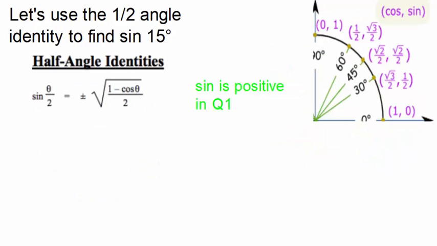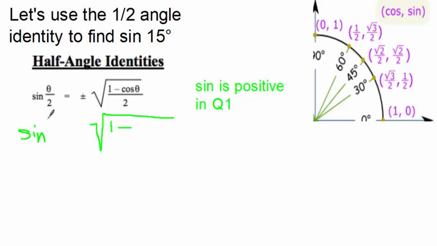So we're going to start out using the half angle identity to find the sine of 15. This is the identity, and 15 is in the first quadrant, so I know it's positive. So I plug in 1 minus, well, what's the cosine of 30?